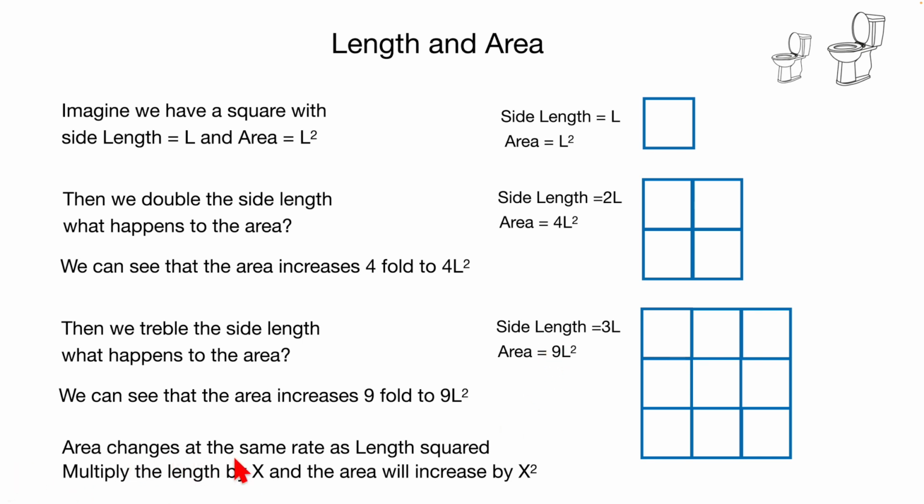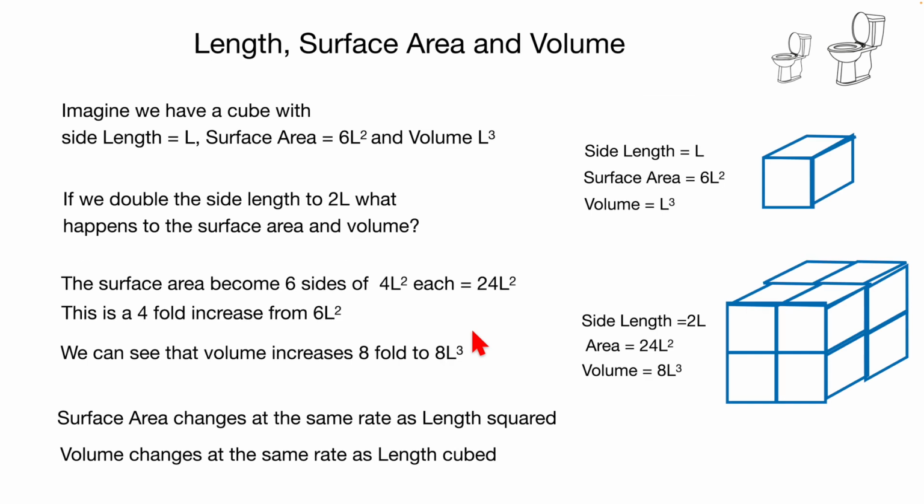So area changes at the same rate as length squared. Multiply the length by x and the area will increase by x squared. So we don't need to work out the area. If we know the original area and we know there's been an increase in size, we can tell what the new area is.